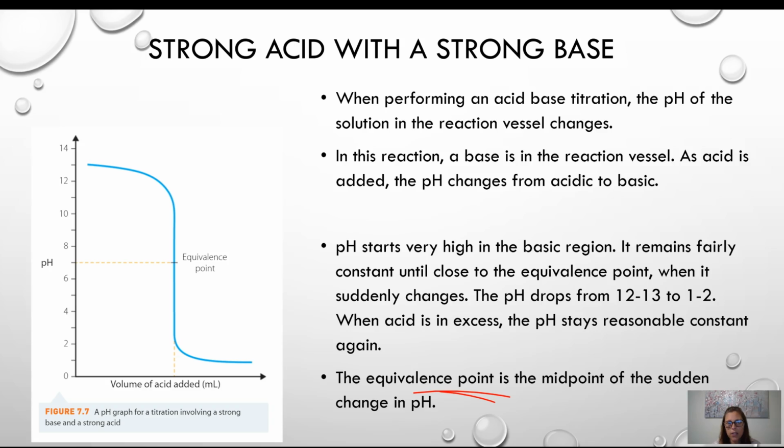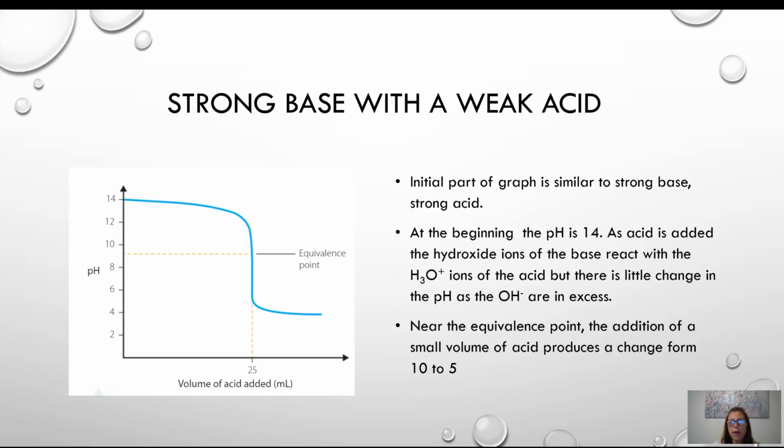So if we have a look at another graph, we now have a strong base, so we're still up high in that pH range, but we're adding it with a weak acid. Again, I'm adding more and more acid to that solution, and the volume of acid added is about 25 mLs, so more of that acid is required to neutralize that base.